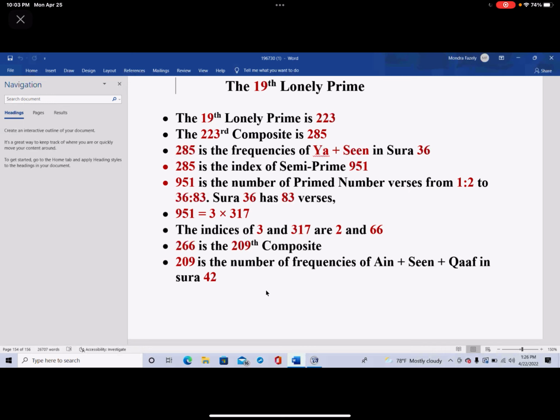I'll look it up later. But anyway, 422 is also important because this index is something which comes into play with this 133.